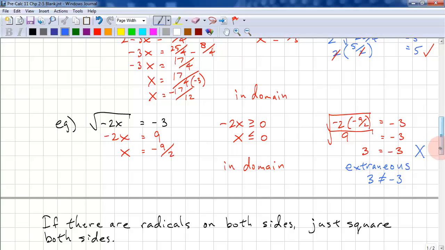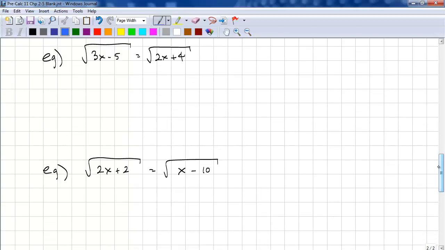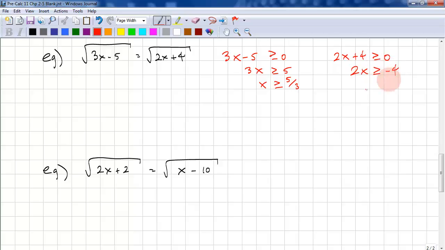If there's radicals on both sides, we just square both sides. But let's do the domain first. 3x minus 5 is greater than or equal to 0. 3x is greater than or equal to 5, so x is greater than or equal to 5 over 3. 2x plus 4 is greater than or equal to 0. 2x is greater than or equal to negative 4.